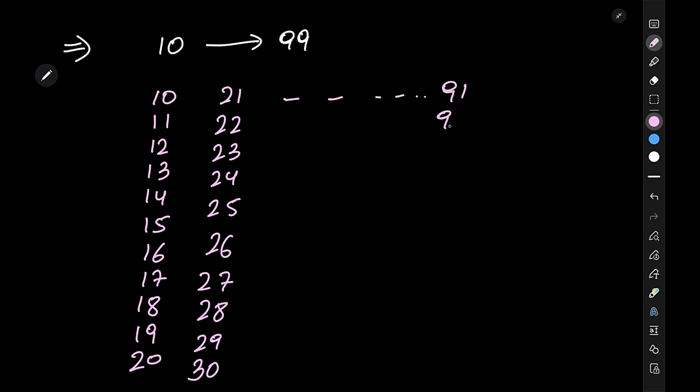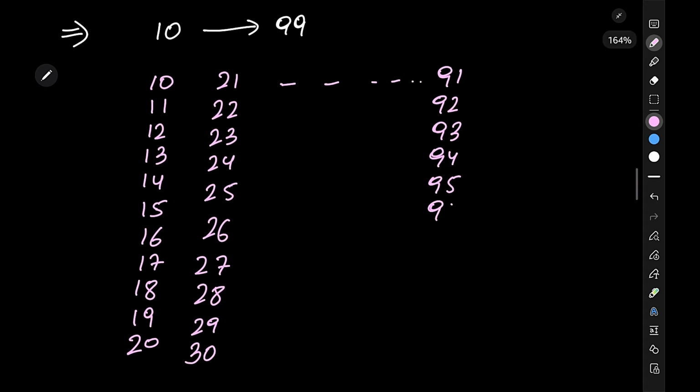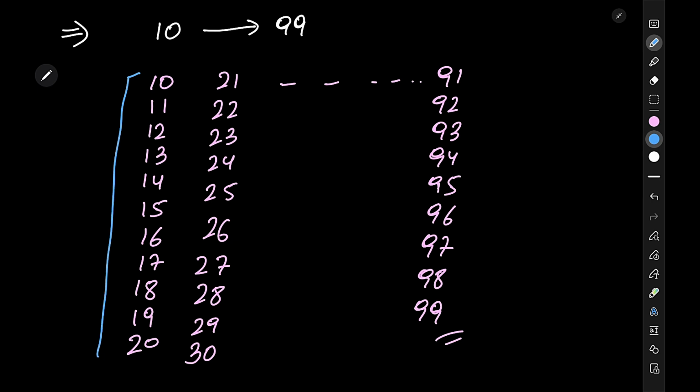91, 92, 93, 94, 95, 96, 97, 98, 99, 100. We have to check only through this. Let's observe one thing. From 10 to 20, only 11 is symmetric.